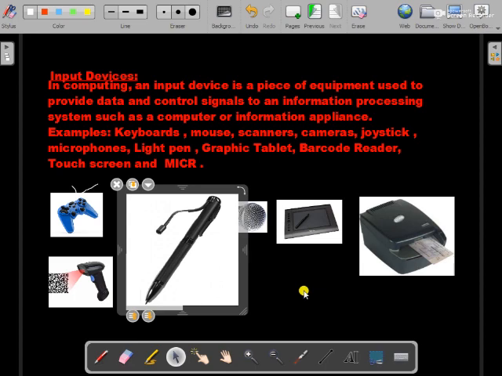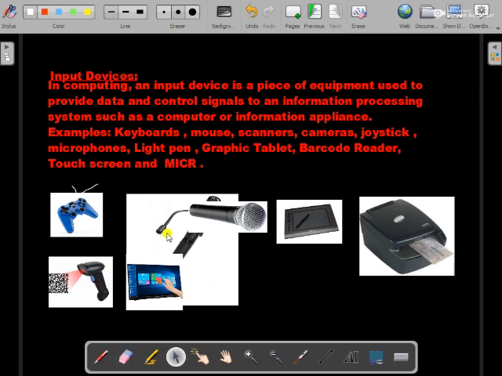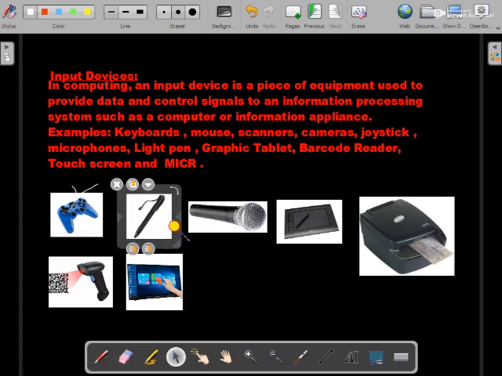It allows the user to draw or point to objects on the computer screen or the monitor. Through light pen, we can draw or point to objects on the computer screen or the monitor. So this is the function of light pen.